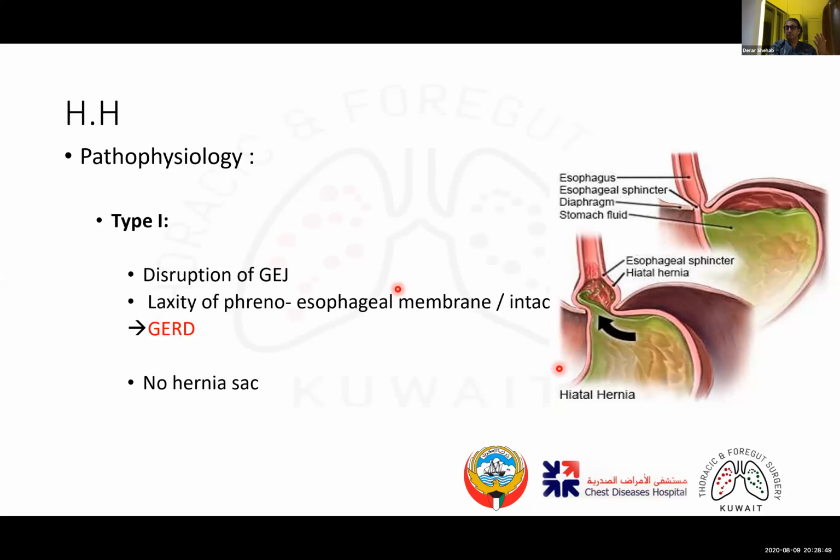For example, the pressure is changed in the chest, and the pinchcock effect of the diaphragm, which used to act on the lower esophageal sphincter, is now pinching against the fundus. So reflux or GERD is very prominent in type 1, and there is absolutely no hernia sac.